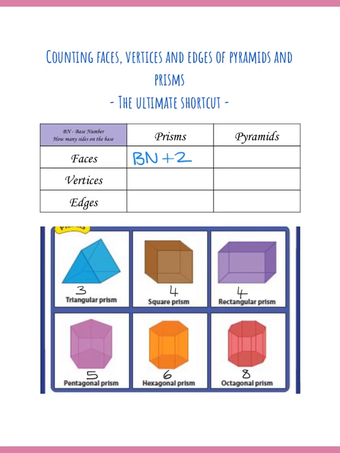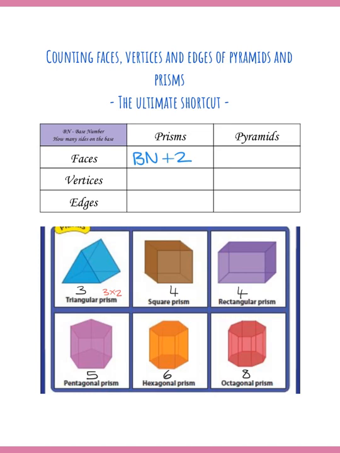When I look at vertices, I'm going to say, well, I've got 1, 2, 3 vertices here, and I've got 1, 2, 3 there. So I've got 3 times 2 vertices. If I look at the square, 1, 2, 3, 4, plus another 1, 2, 3, 4.